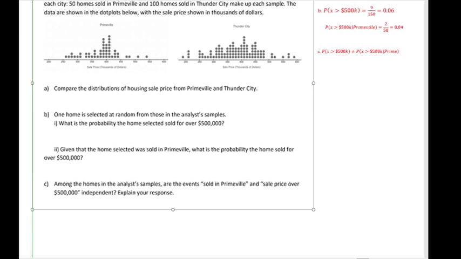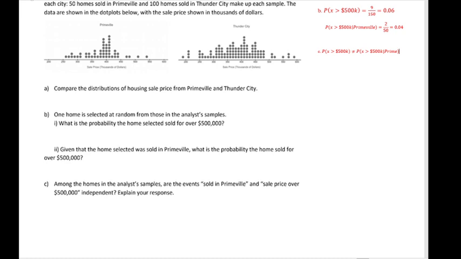So because in this case these two are not equal, the probability of a home being sold for more than 500,000 given that it's in Primeville is going to tell us that, well, the formatting got wacky there. All right, don't like that either. There we go.